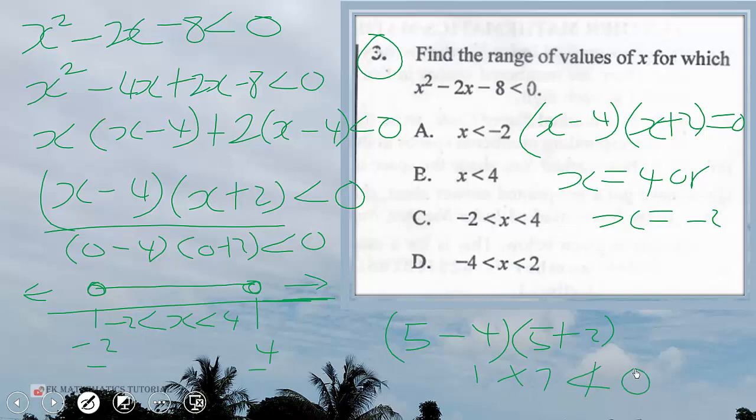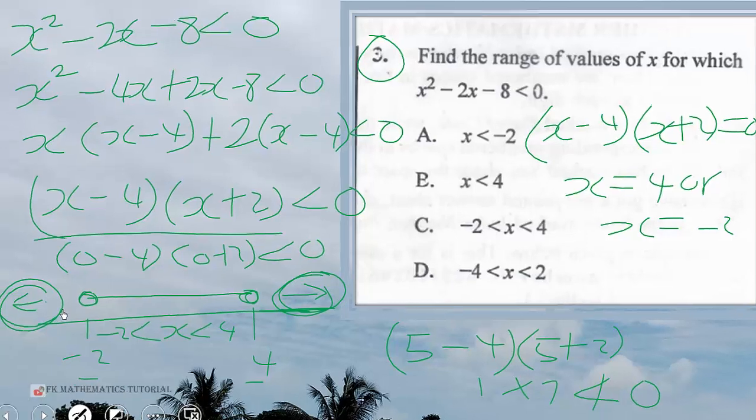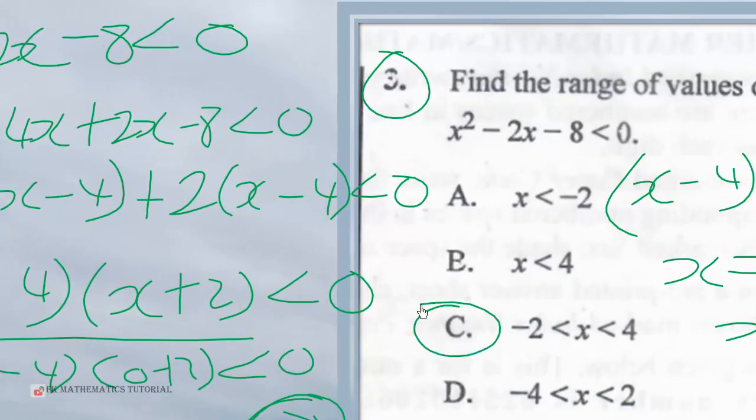So it means the inequality will not be satisfied by values in this region. In the same way, it will not be satisfied by values in this region. Therefore, the correct answer is x is less than 4 and x is greater than negative 2, which is option C.